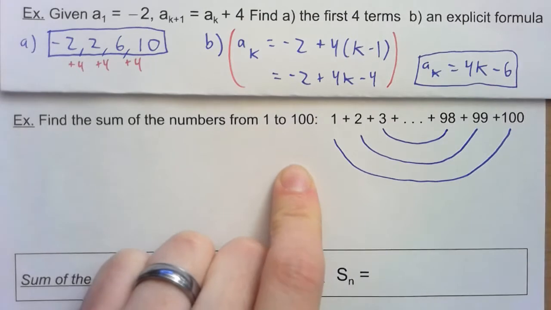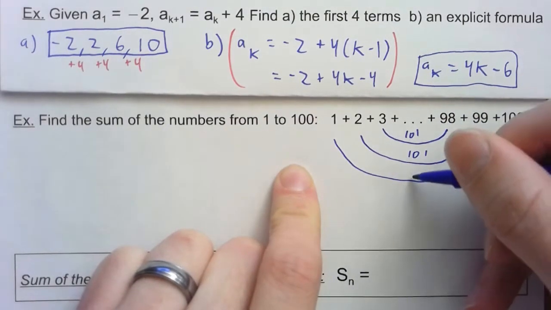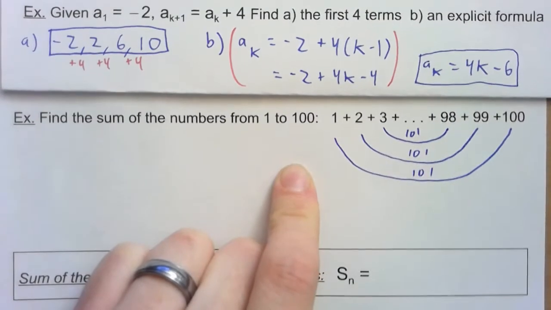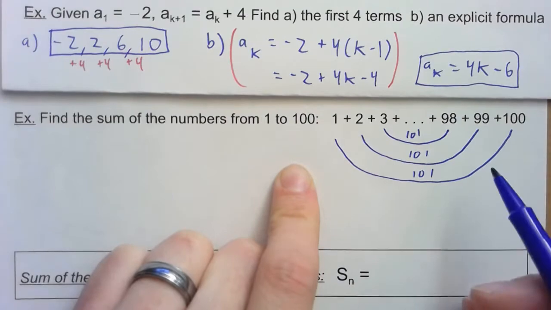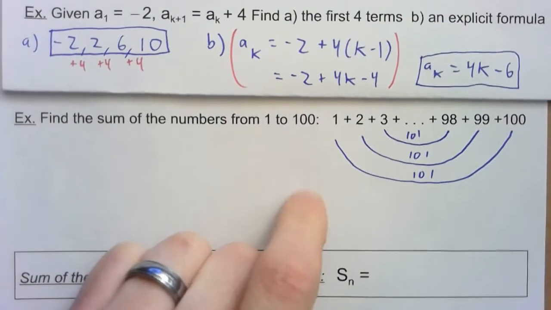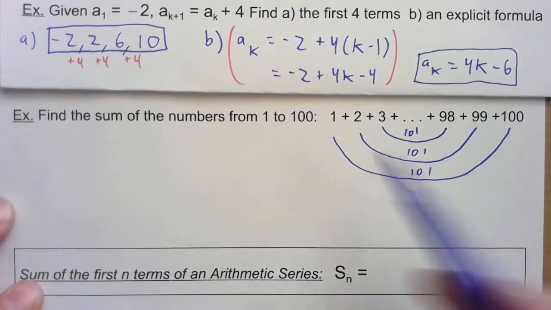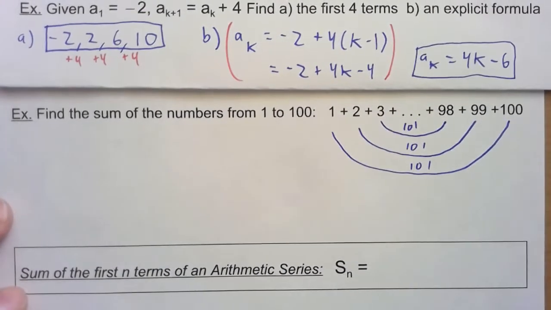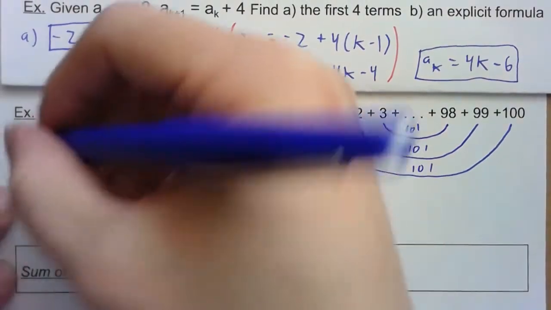All of those pairs add up to the same thing: 101, 101, and 101. So if I want to add up all these numbers, I can just add up a bunch of 101s. How many 101s would you have to add up? How many pairs are there? If there's 100 total numbers and they each get paired up, there's 2 numbers in each pair, that's 50 pairs.